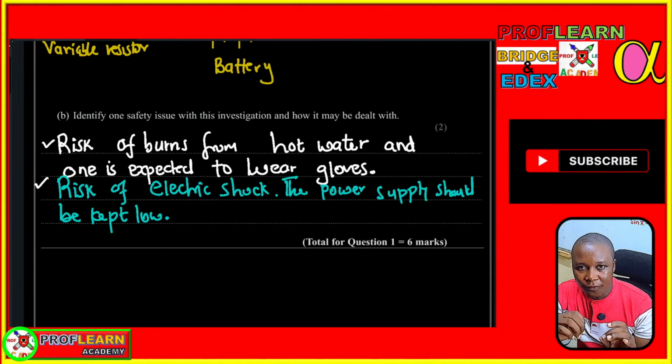Right? So if you are given a practical that involves mechanical apparatus, where you have heavy masses, that means you have to protect yourself against those masses hitting your feet. So maybe you can wear protective boots, isn't it?